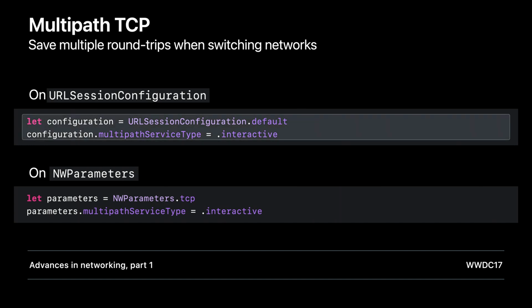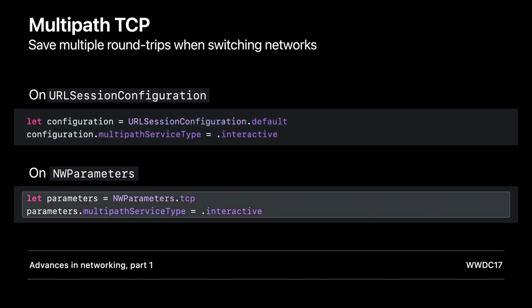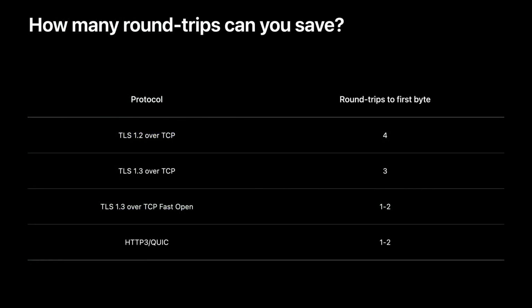It will save all the round trips needed to establish a new connection, and the system will automatically choose the faster network path for your data packets. To opt in from the client, set the multipath service type property to interactive on your URL session configuration or on your NW parameters.